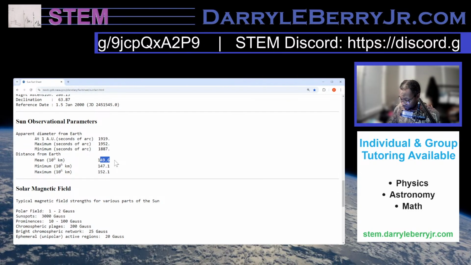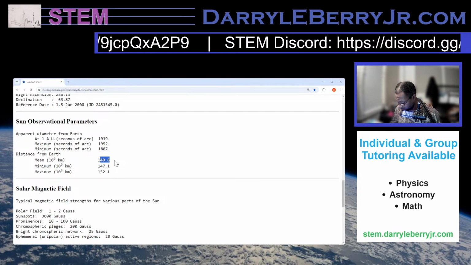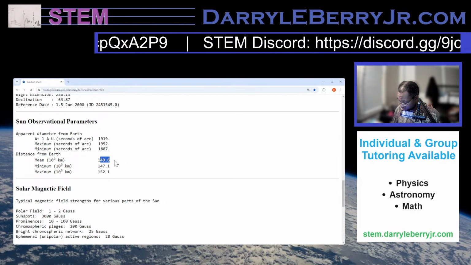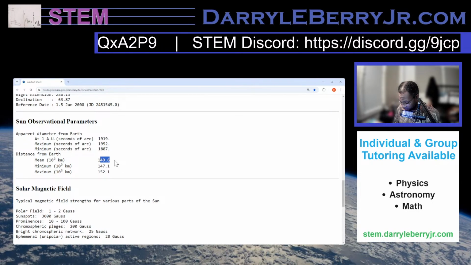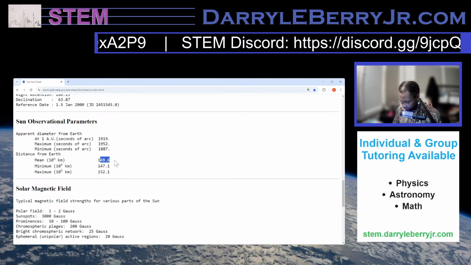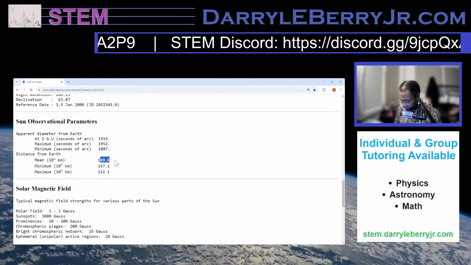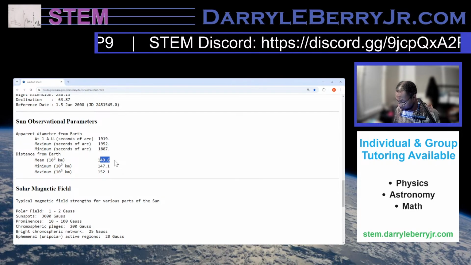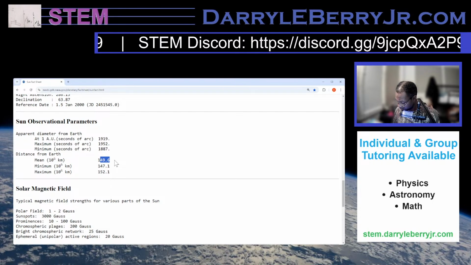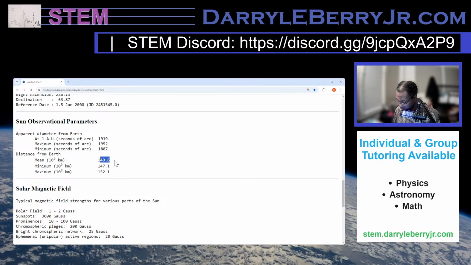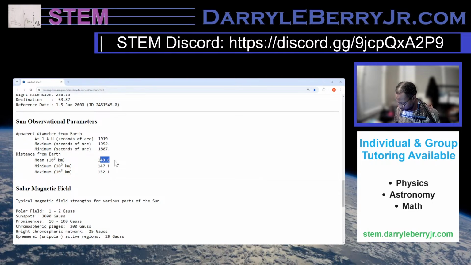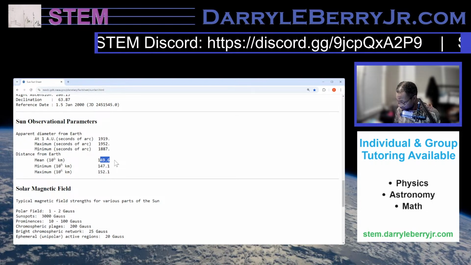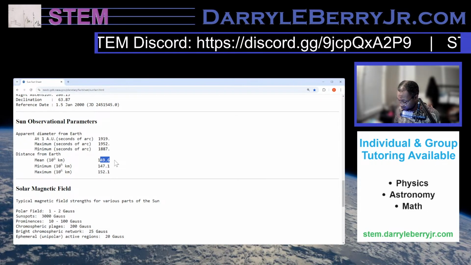Everything should be the same as before, except let's call this R_E, or capital E for Earth. So the potential of the sun at R_E equals, I'll just copy this down, radius will be this.